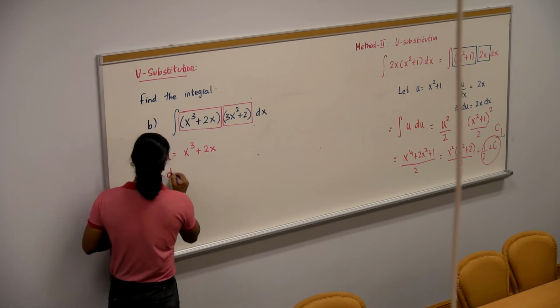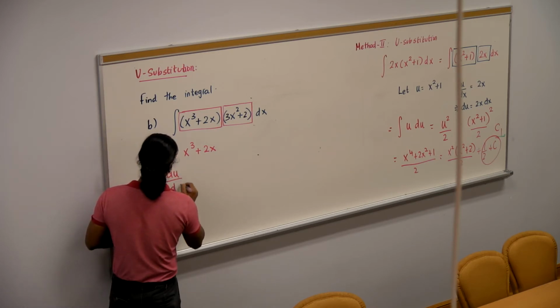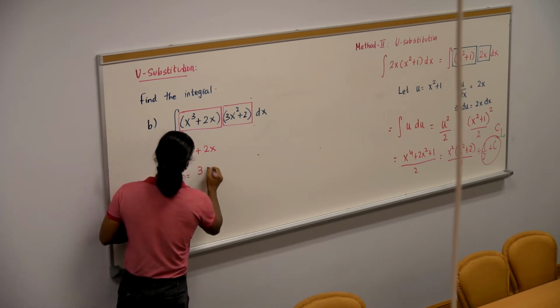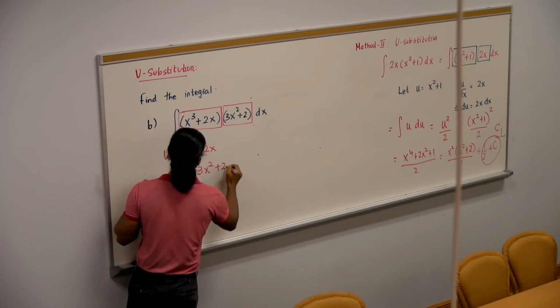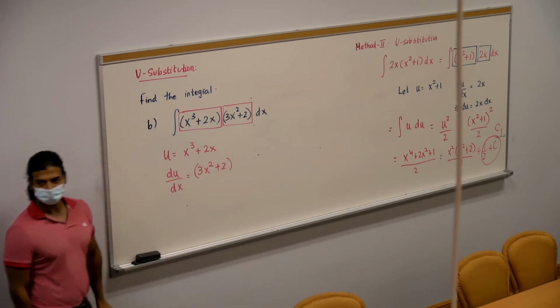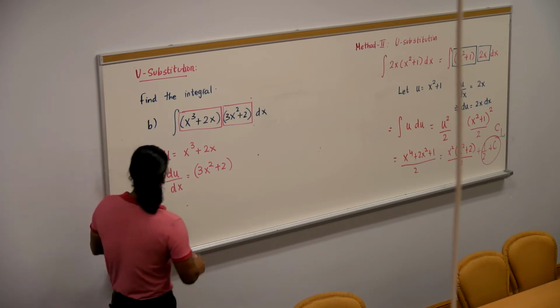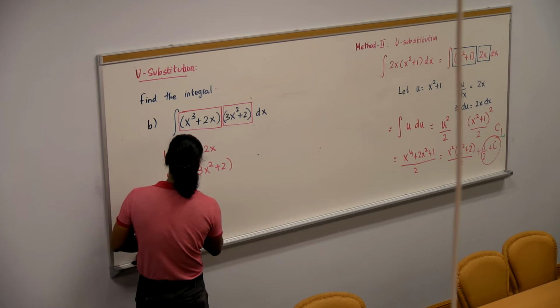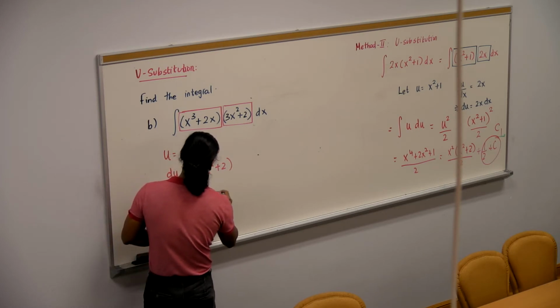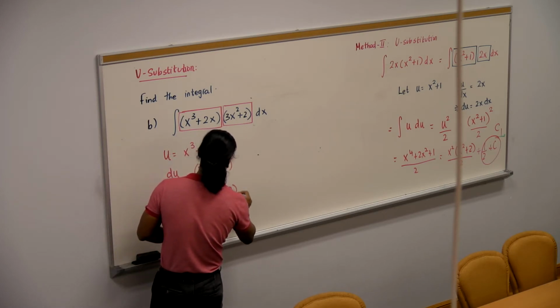Then du over dx would be equal to 3x squared plus 2. Yes? If I rewrite it, I'd get du is equal to 3x squared plus 2 times dx.